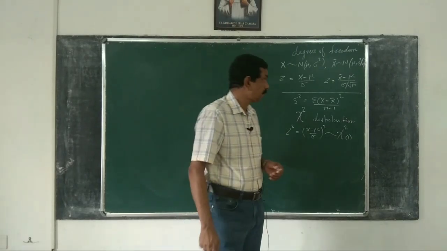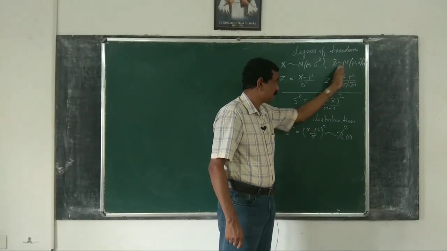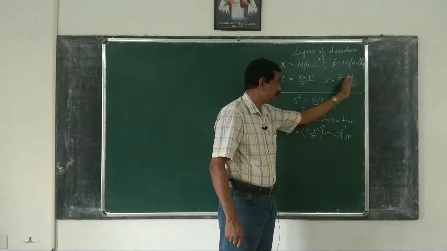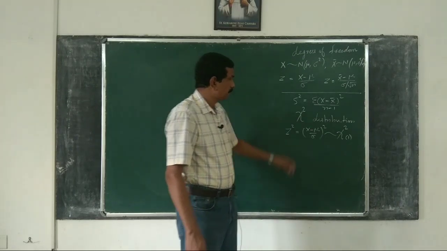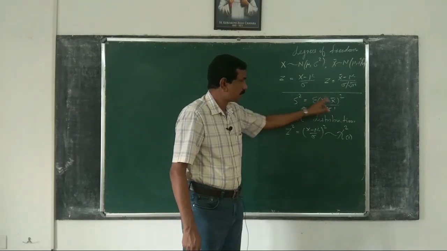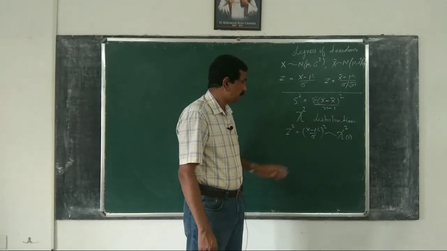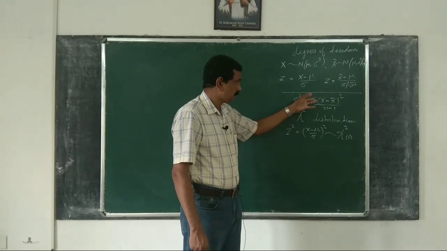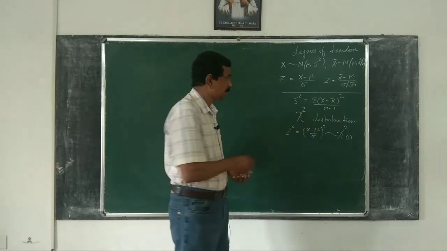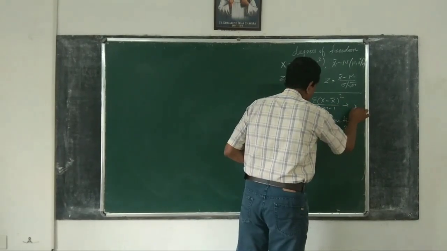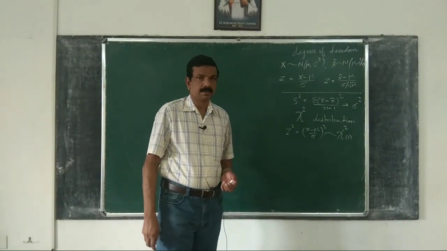As I told you, the test statistic based on x bar, that is z, is given as x bar minus mu by sigma by root n. Similarly, S square is the estimator of sigma square. But S square is not used directly for testing the significance of, or making inference about, the parameter sigma square. Using S square, we develop a test statistic.